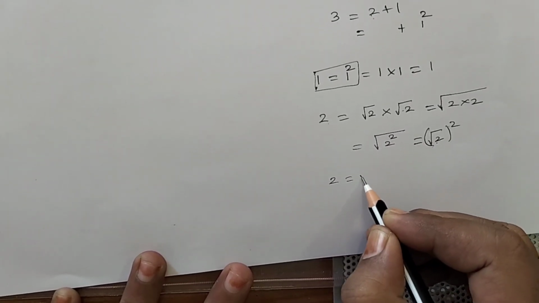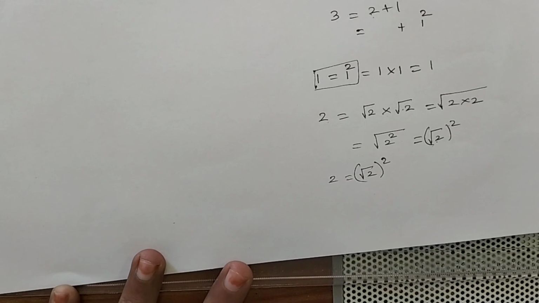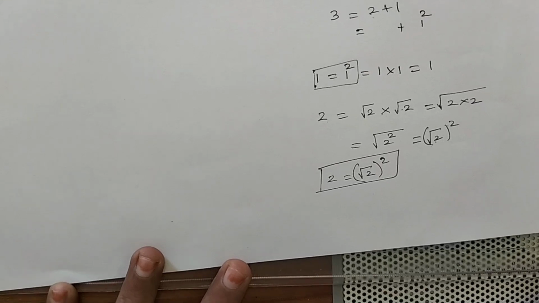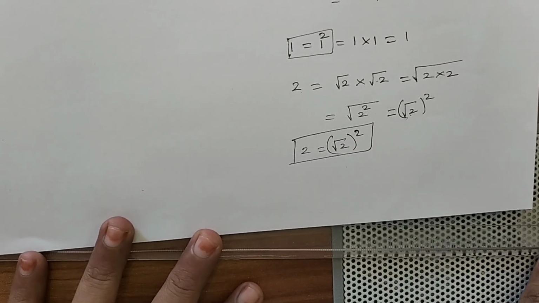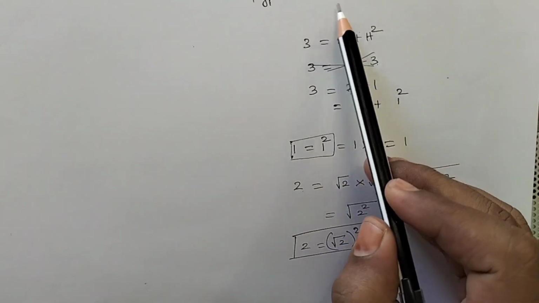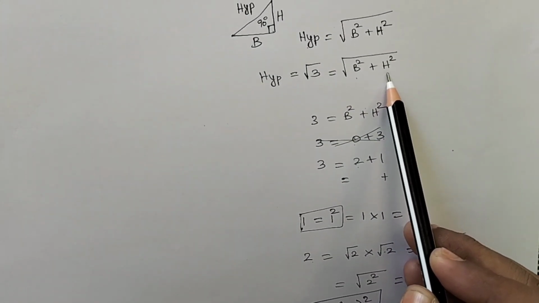So 2 is nothing but root 2 the whole square. You have to know this. These two I have now determined. Using this, I can write base square plus height square as what?